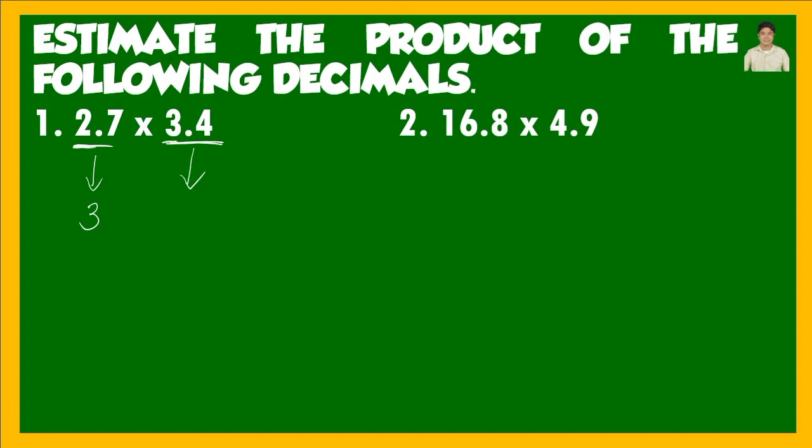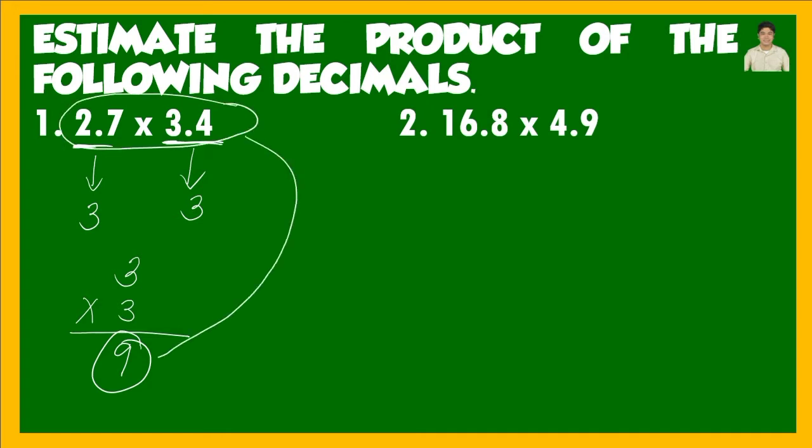Since yung ating whole number na 3, katabi niya is 4, which is less than 5, magiging 3 lang po yung ating sagot. Now, multiply po natin ngayon, 3 times 3, 9. So, ibig sabihin, ang estimated product ng ating given ay 9.